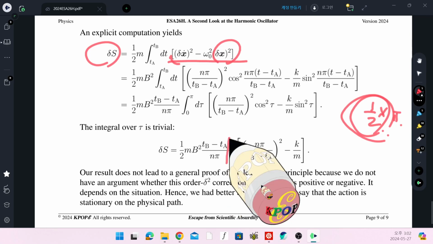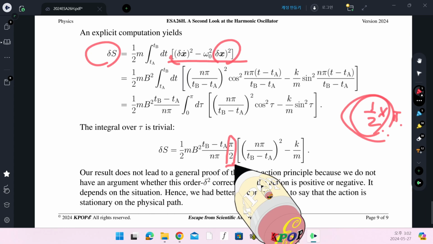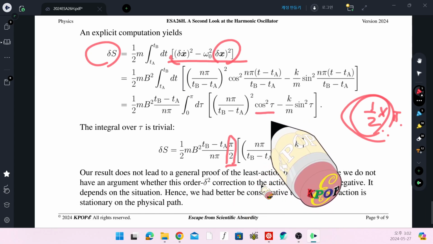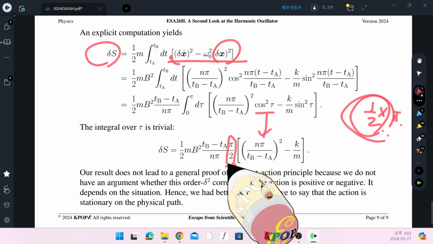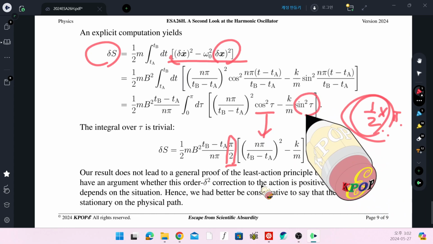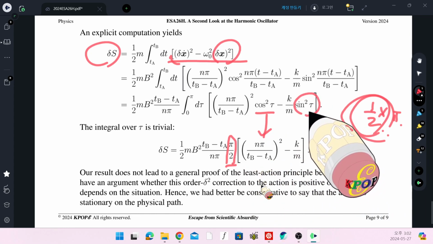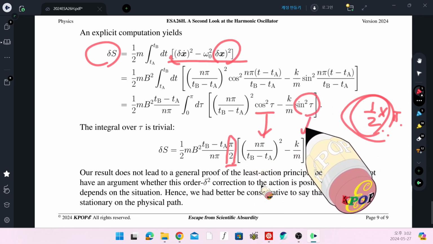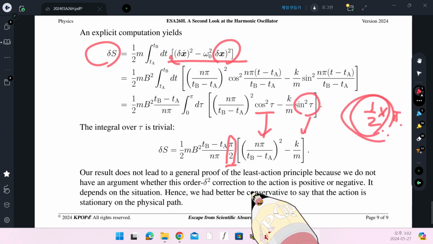Finally, that appears as a front factor. So this one becomes half of pi multiplied by 1/2, and this one half of pi multiplied by 1/2. So they are the same actually.